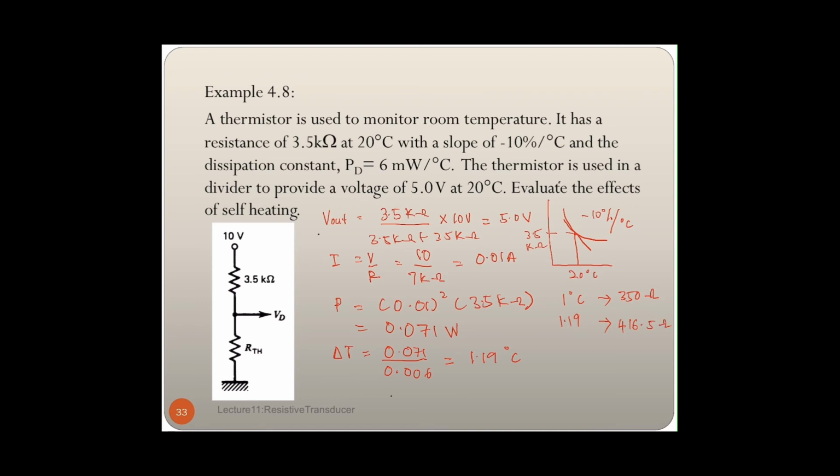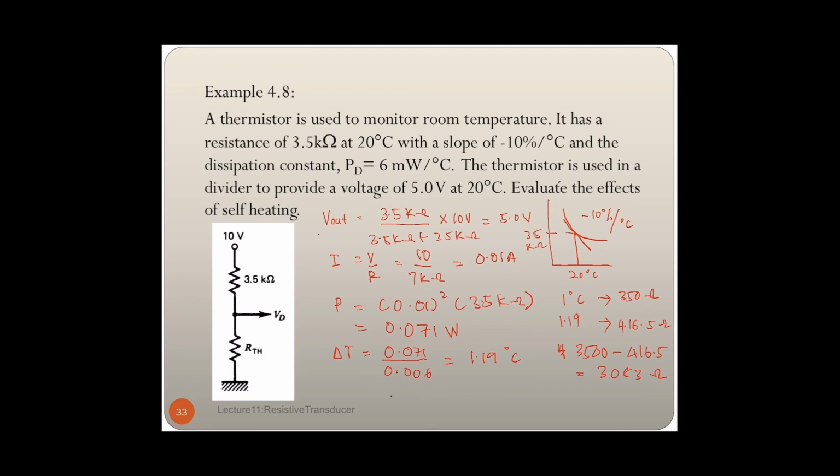Therefore, the resistance at 21.19 degrees Celsius is, we have to subtract, 3,500 minus 416.5 gives us 3083 ohm. So this is the resistance at temperature 21.19 degrees Celsius.